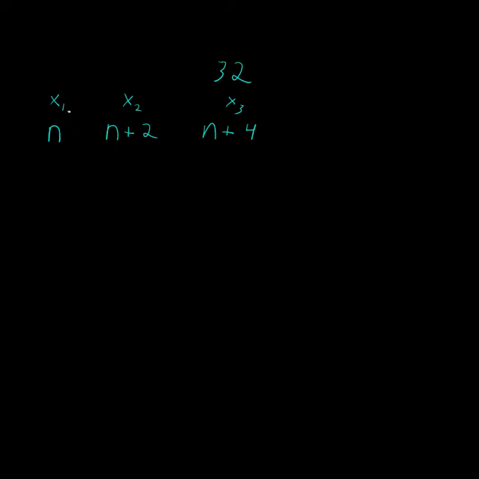However, we do know that they are all consecutive, and so with that, we're able to write x1 is just our unknown, and then x2 in terms of x1, and x3 in terms of x1. So we are able to use the definition of consecutive to write these as just one unknown instead of having three unknowns.